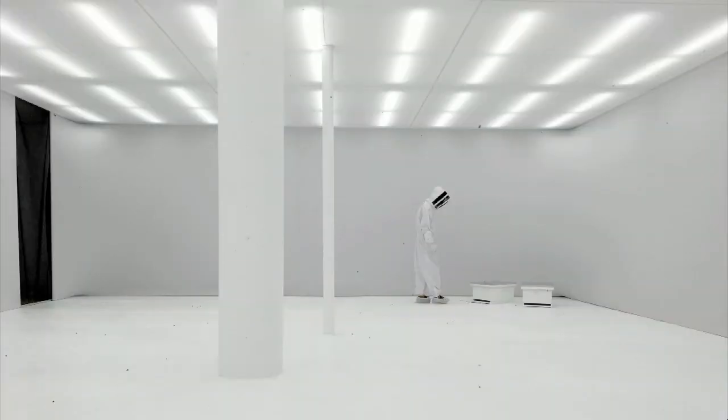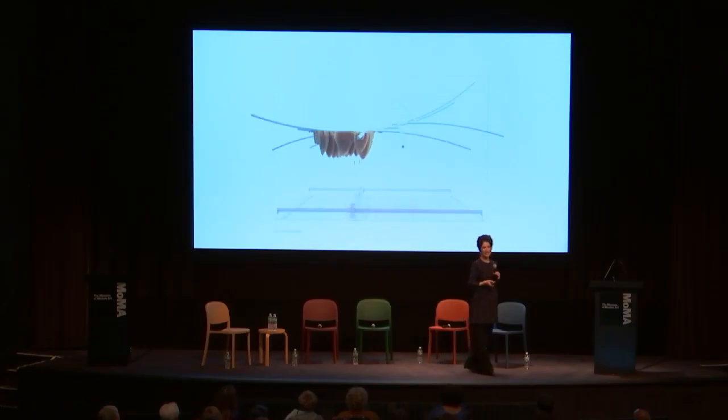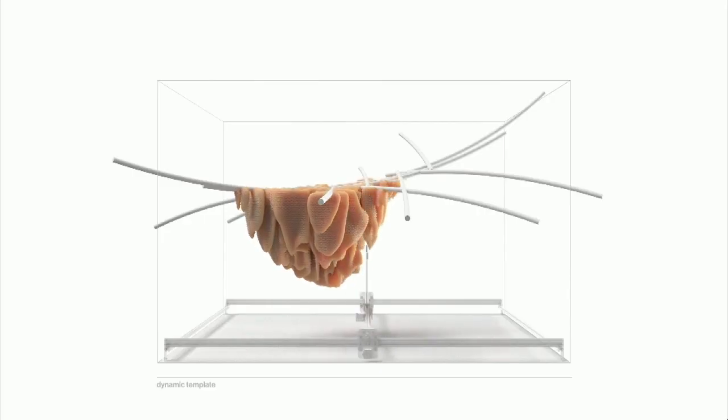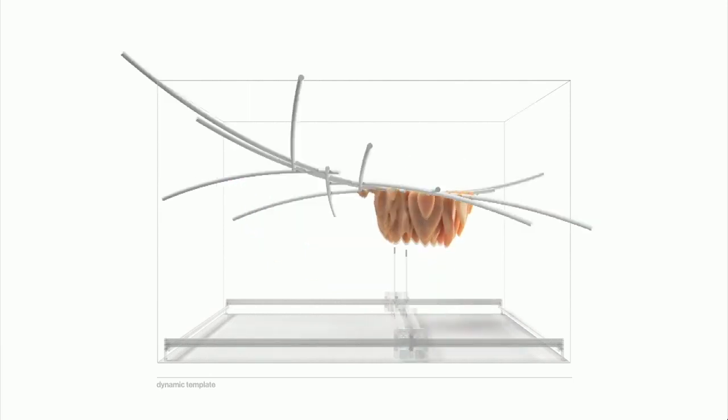Can we create, in this case, synthetic apiaries that are designed as perpetual spring environments that can contain the bees during the winter months when they usually go dormant, many of which die?